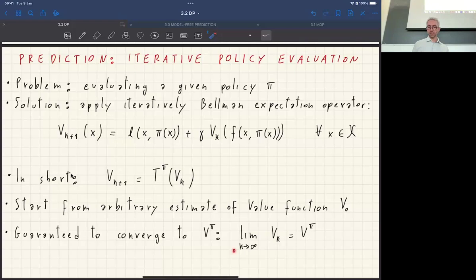So in the limit for k going to infinity, you get v pi. Of course, in practice, you don't go to infinity, you stop eventually, because when you're sufficiently close to v pi, you're typically satisfied. It's always the same principle. We are looking for good approximations, not for exact solutions.